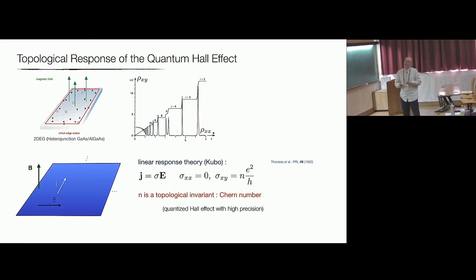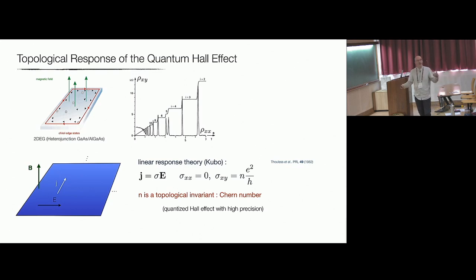But to do so, let me reconsider the canonical example of the quantum Hall effect, a phase of electrons whose dynamics is restricted to two dimensions and subjected to a very strong transverse magnetic field. We know that in such a phase you have a quantization of the Hall conductivity, which is the signature of the topological nature of your phase. One first way to relate this quantization of the transverse conductivity to topology is by looking at linear response theory.